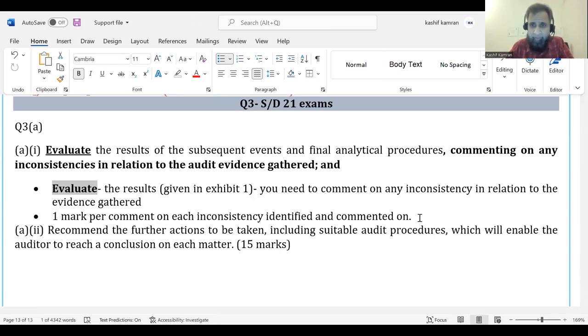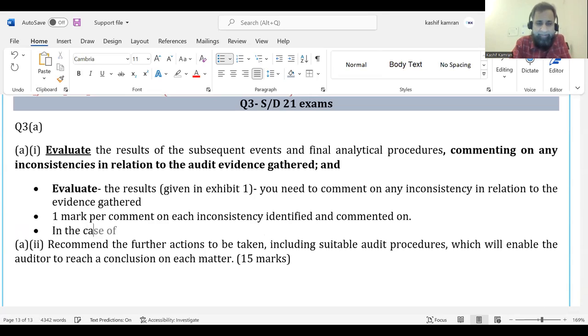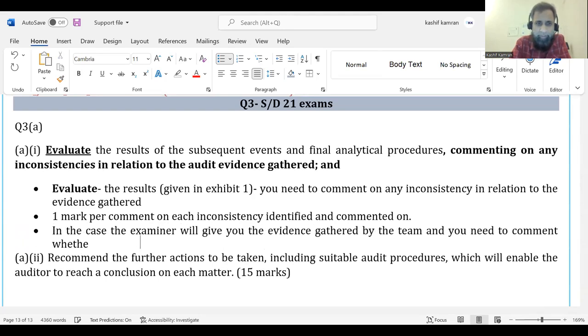Last thing: in the case, the examiner will give you the evidence gathered by the team, and you need to comment whether it is inconsistent or not.